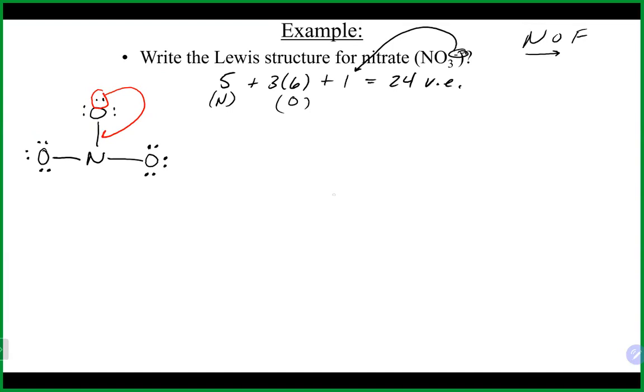The result is something that looks like this. And usually we'll put a little bracket around it with the charge on the outside, since it is an ion and it does have a charge.